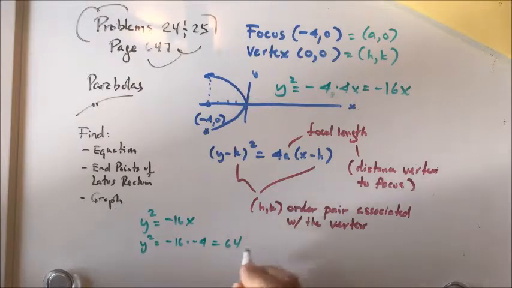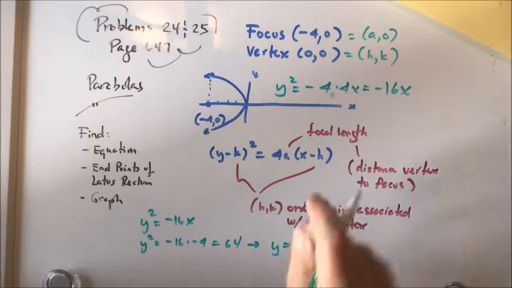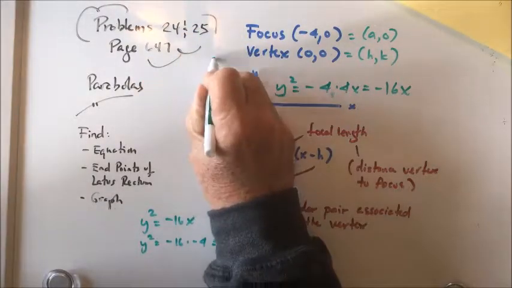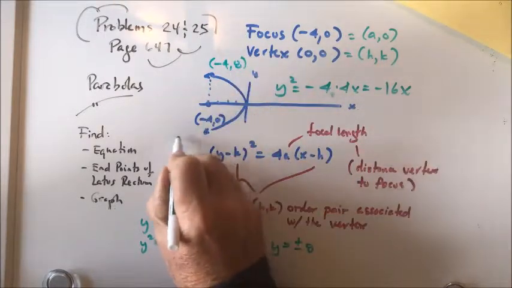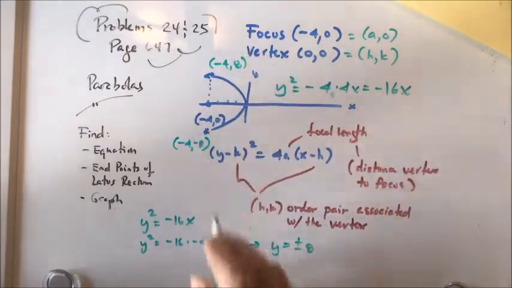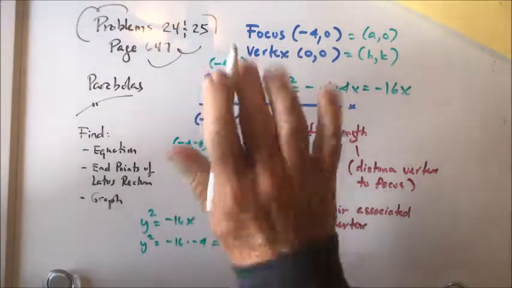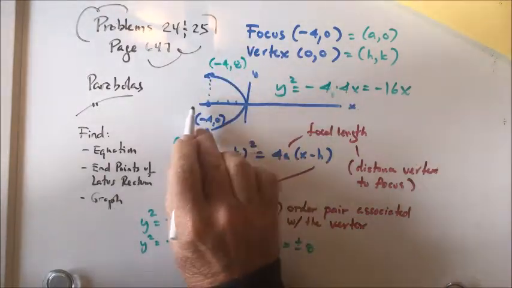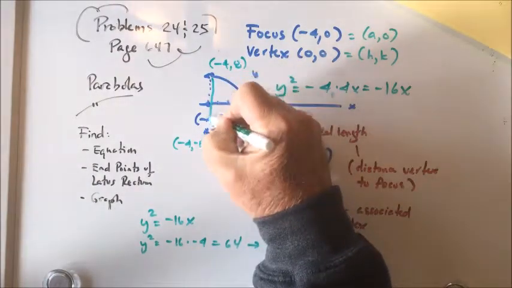Let me take the square root. That says y is equal to plus or minus 8. And so these points here are -4, 8, and -4, -8, the endpoints of the latus rectum, which is the segment that runs perpendicular to the axis and through the focal point. It's this green line right here.